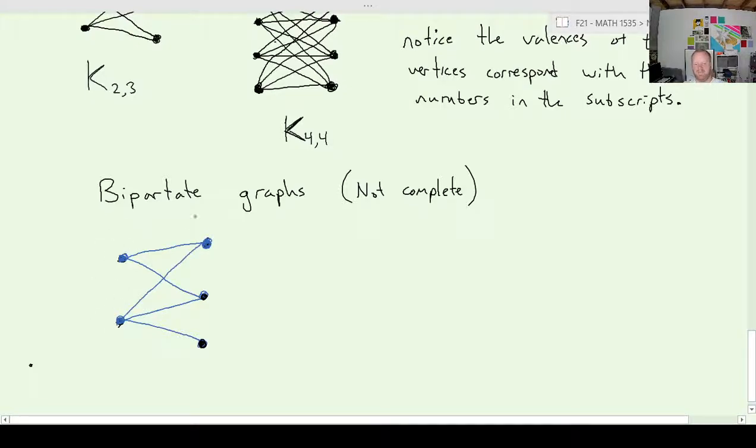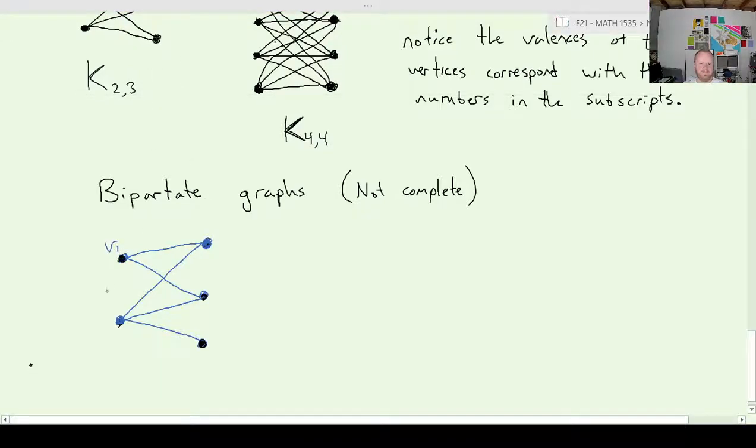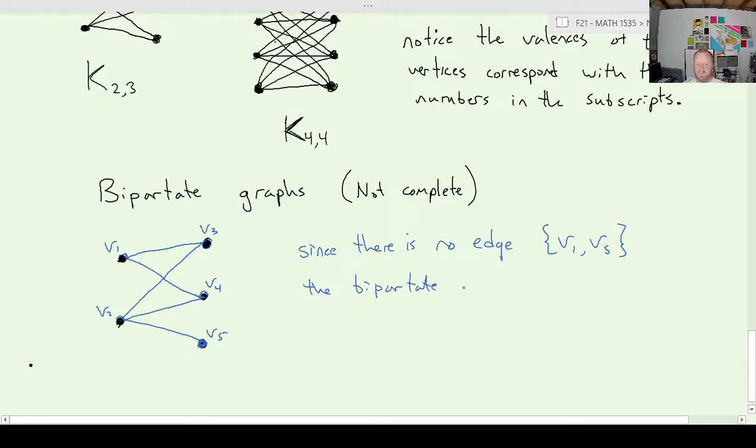But since we don't have this connection between these two, since we're missing this edge here, the bipartite graph is not complete.